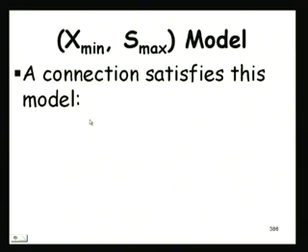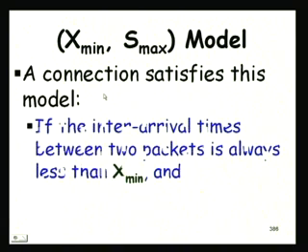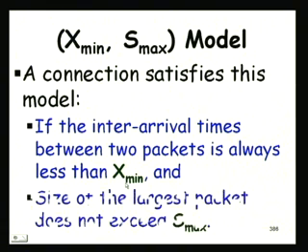Now, a traffic will satisfy this model if the inter arrival time between two packets is always less than Xmean and the size of the packets is less than Smax. See here, we are just bounding it by a straight line, right.